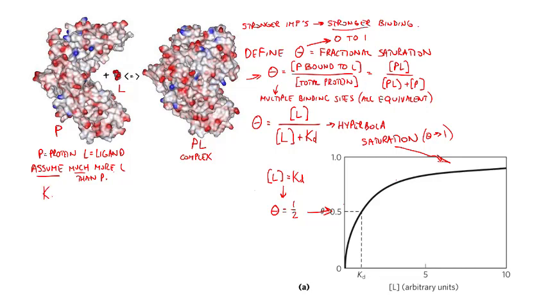So once again, KD is the concentration of L that gives 1/2 of protein molecules bound to L. A lower value implies stronger binding.